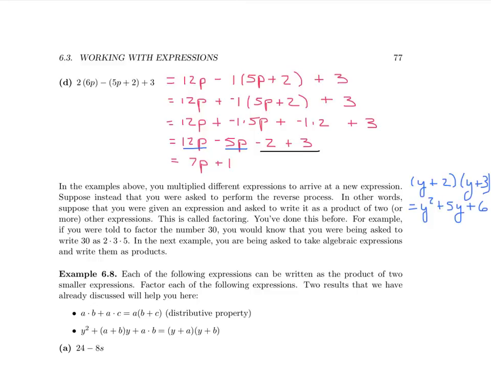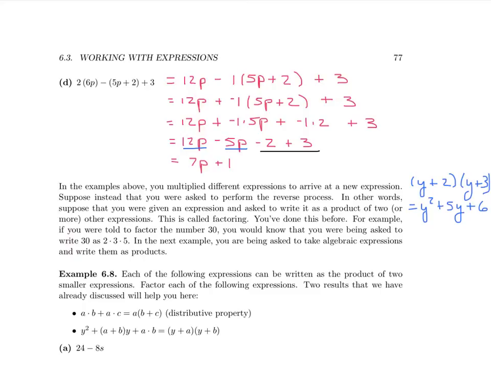This is called factoring. You've done this before. For example, if you were told to factor the number 30, you would know that you were being asked to write 30 as 2 times 3 times 5. Factoring is taking an expression, any kind of expression. It could be an algebraic expression like this, or just a constant like 30.